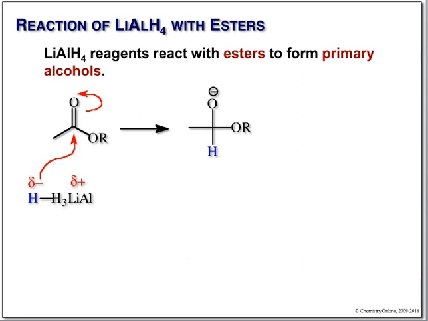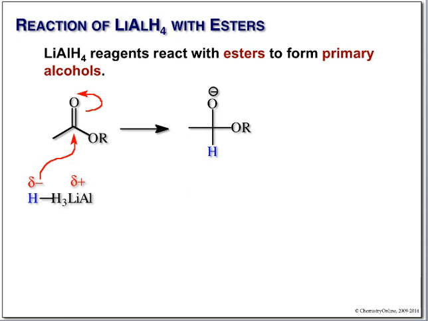Now this intermediate differs slightly, or significantly, from the addition intermediate that we get just adding to an aldehyde or a ketone. The difference is this alkoxy, the OR group here, that was part of the ester, this is a leaving group. Now remember, we've talked about leaving groups in nucleophilic reactions.